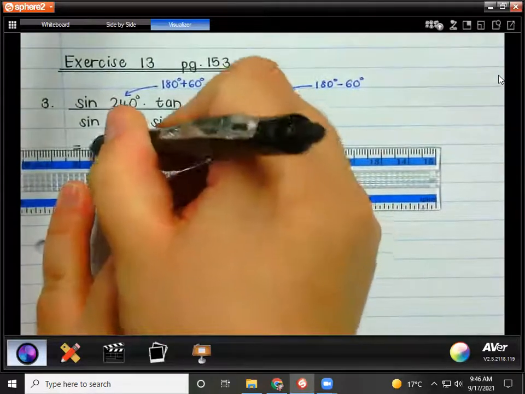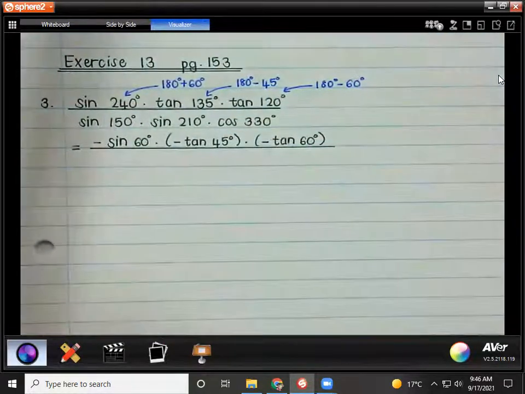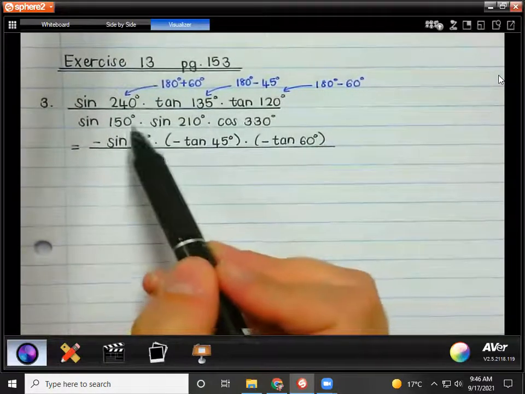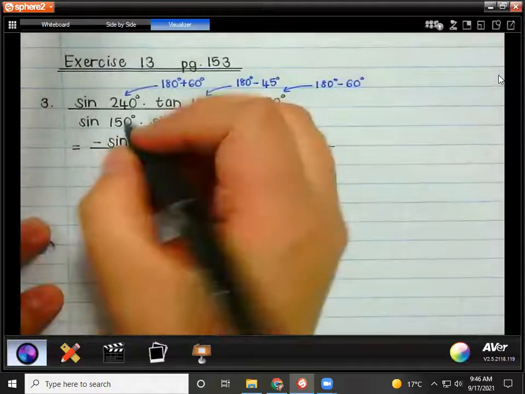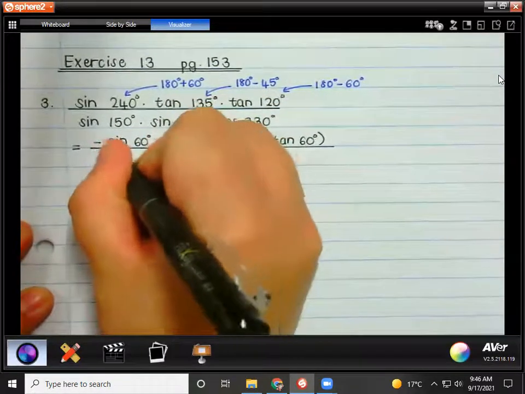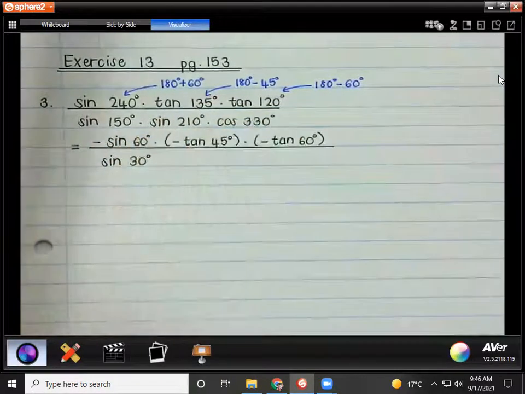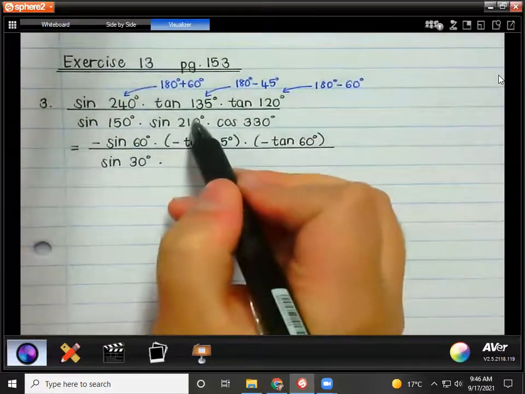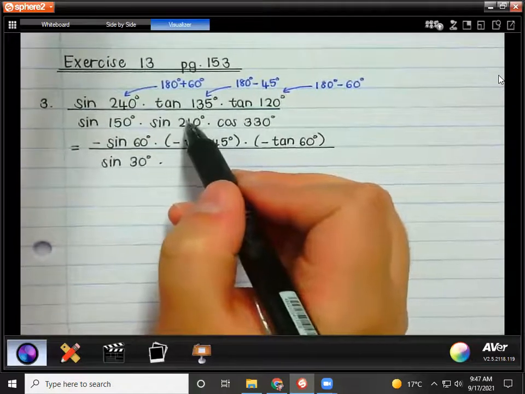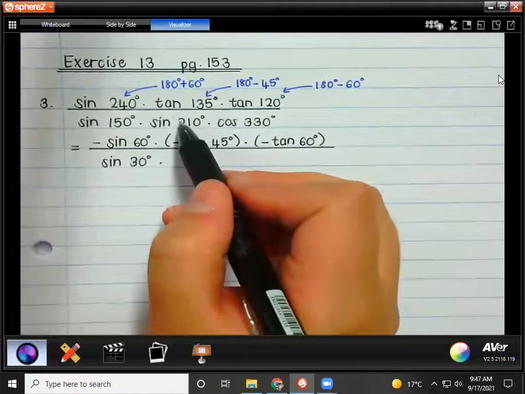Over. Now I don't have enough space to do it for these bottom ones, so you must just listen up. 150 is 180 minus 30. Second quadrant, what is sine in the second quadrant? Positive. So that's going to become positive sine 30. 210, 180 plus 30. 180 plus is quadrant 3.